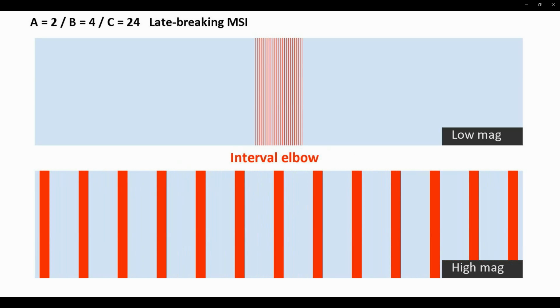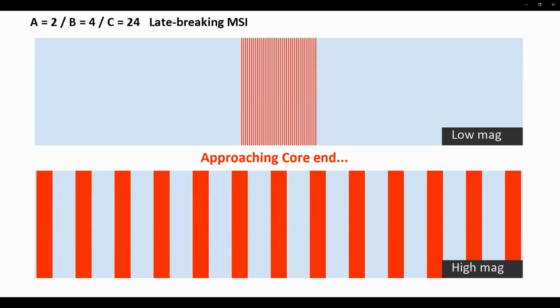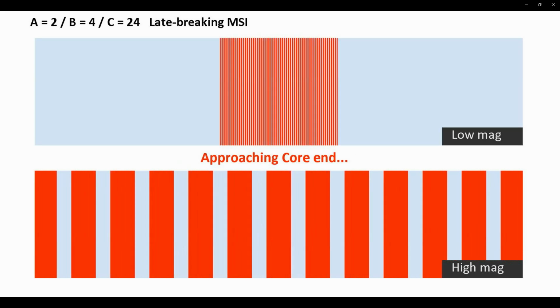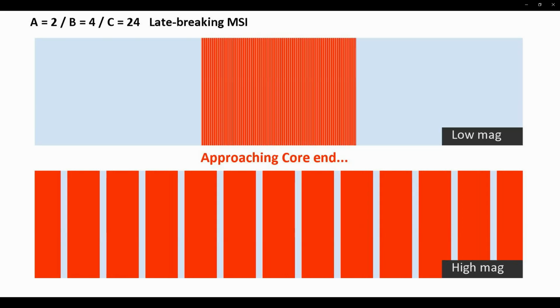The next stage is different from early breaking because the screen pattern remains constant. The coincidences in this stage correspond to the Talbot effect, in which images of the grating seem to reappear at regular intervals. The third stage is similar to the early breaking case and terminates at the core end.